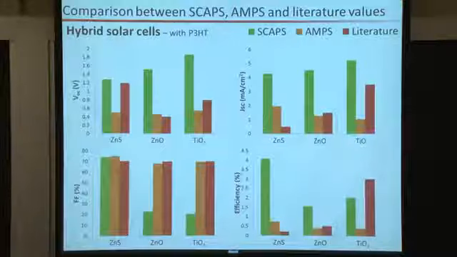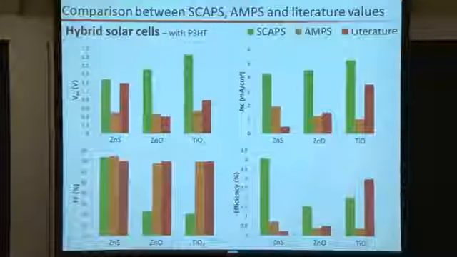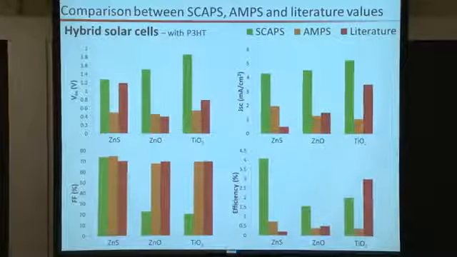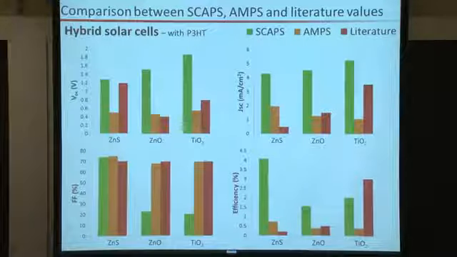But when we had an organic component to the device, we see more significant discrepancies between literature values and the simulations. For example, in this case, we usually had an overestimation of the performance with SCAPS and an underestimation with AMPS.